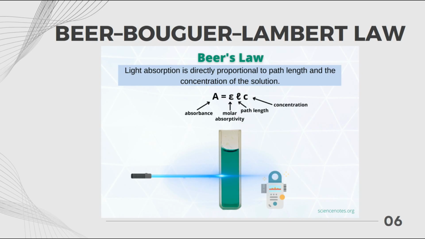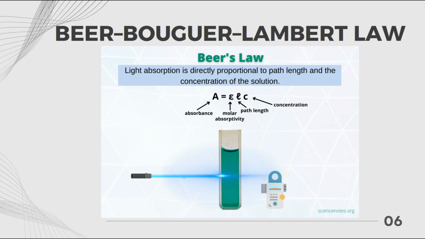Then path length, which is almost always constant because a glass vial which is used for the analysis is standardized. Yes, it has absolutely the same length. Of course, in rare cases you may use different vials, different cuvettes, but mainly you have this as a constant.